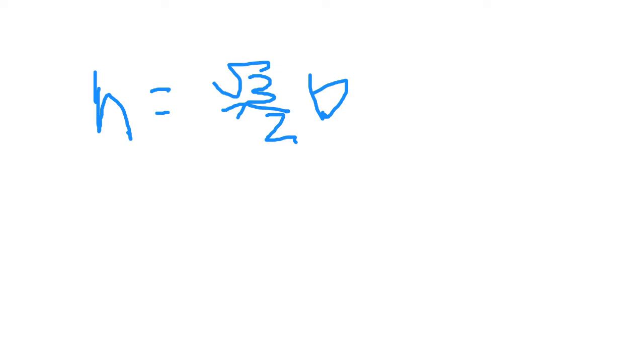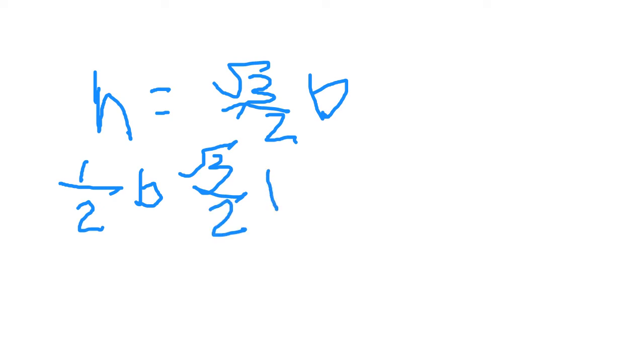You remember this formula now, yes? Yeah. Okay, so this is going to be 1/2 the base times the height. But the height is the square root of 3 over 2 times the base.